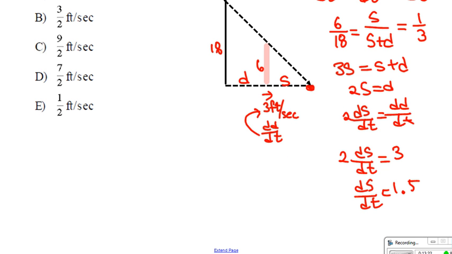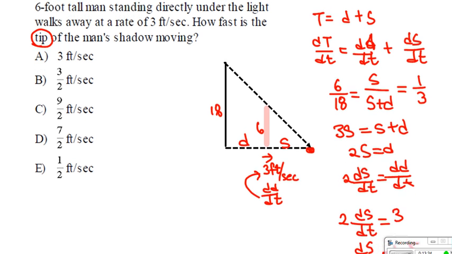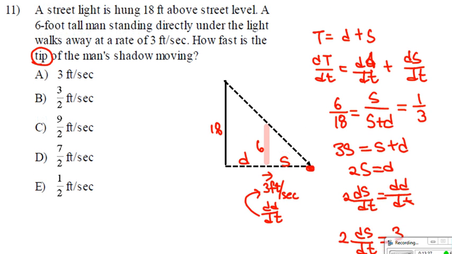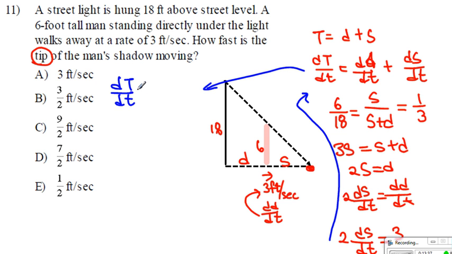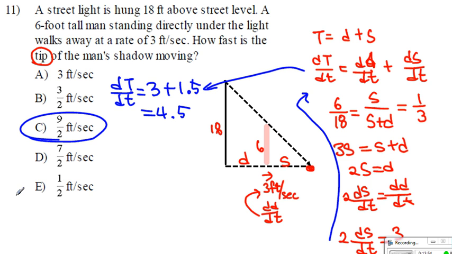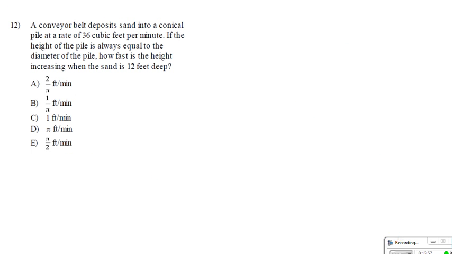And we get to realize what the tip's rate is, because after calculating everything, the tip's rate is equal to dd/dt, which is 3, plus how the shadow is growing, 1.5. So in fact the total is 4.5. It is increasing at the 9/2 feet per second rate. All right, let's look at number 12.